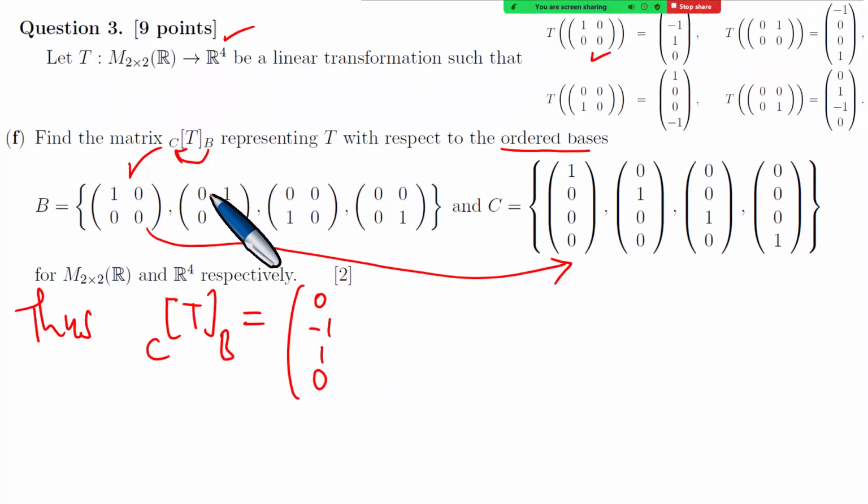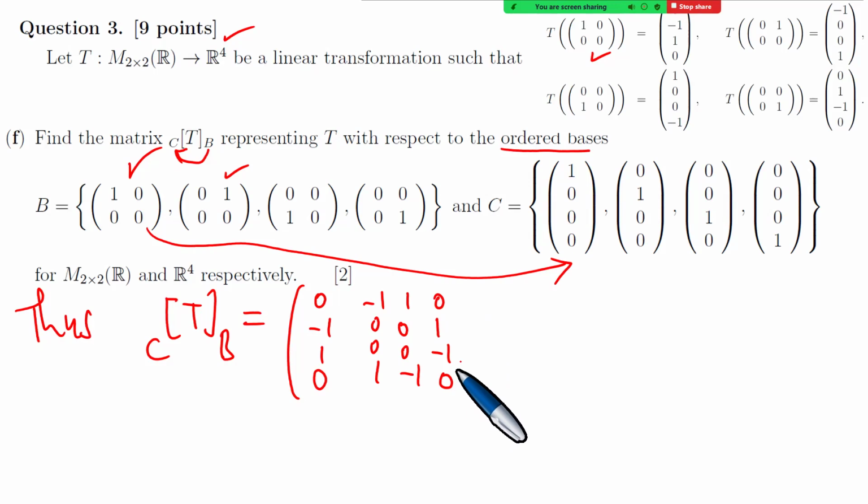The second one, 0100, has the image minus 1001. The third one, 0010, would be 100 minus 1. The last one, 0001, is 01 minus 1, 0. This is what we are able to express.